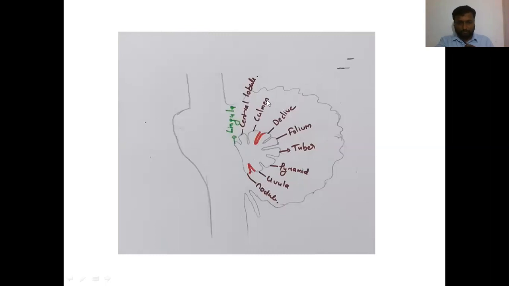So here we can see the lobules of the vermis. What are the lobules of the vermis? See this one: lingula, central lobule, culmen, declive, folium, tuber, pyramid, uvula, and nodule.